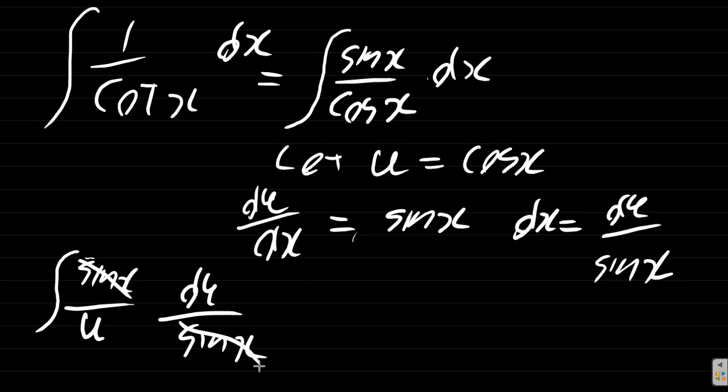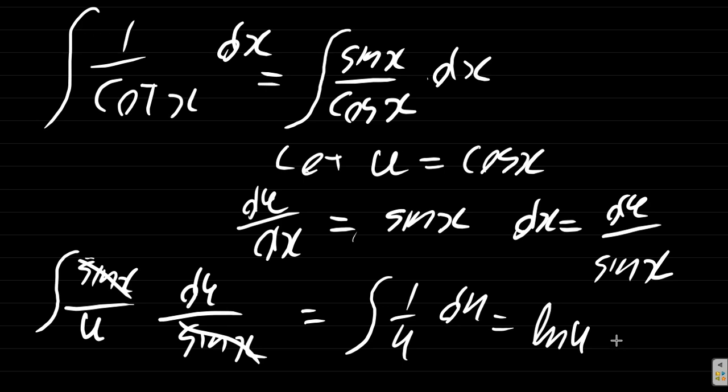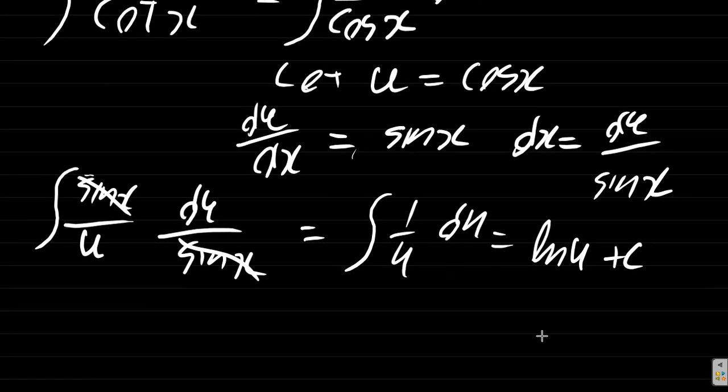Alright, we cancel out. So what we have is the integral of 1 over u du. And when you do that, we have ln u plus c. Now, u is cos x. So what we really have is ln cos x plus c.